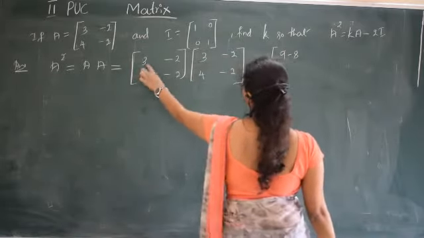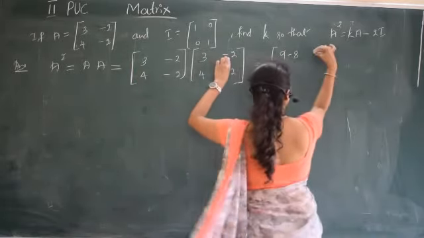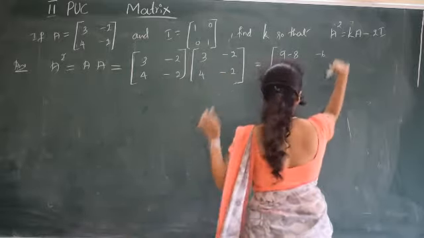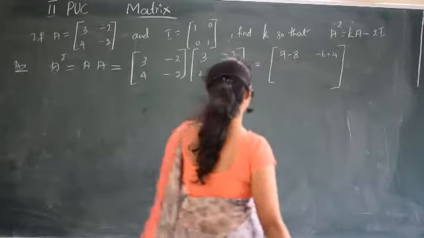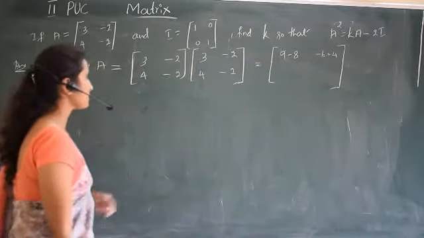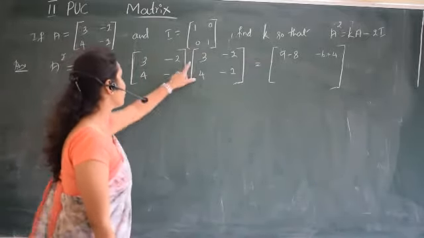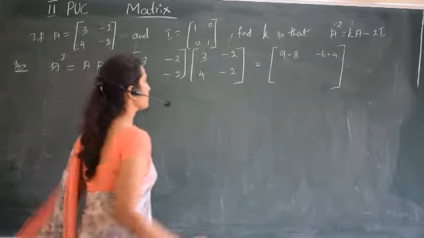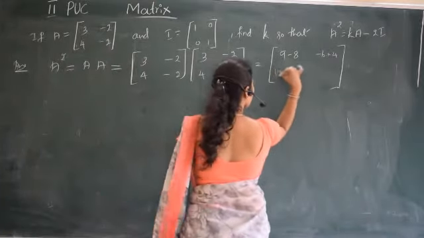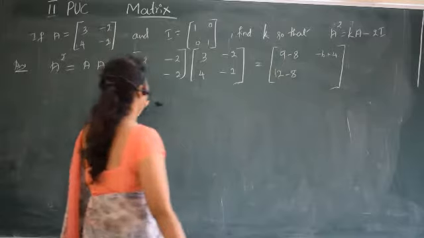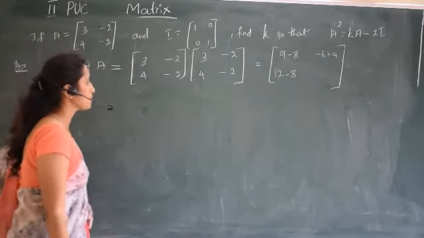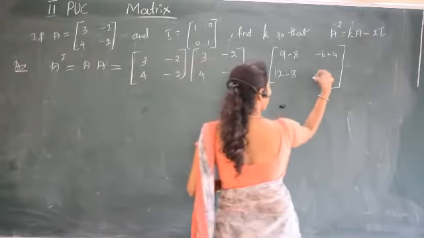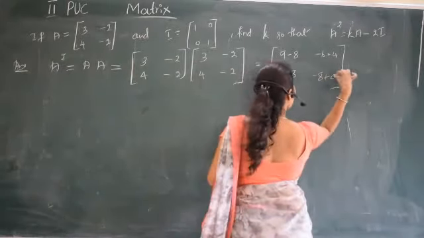Next, the second entry, first row and second column: 3 into minus 2 is minus 6, minus 6 plus 4. Next, second row and first column: 4 into 3 is 12, 12 minus 8. The last entry is 4 into minus 2 is minus 8, minus 8 plus 4.